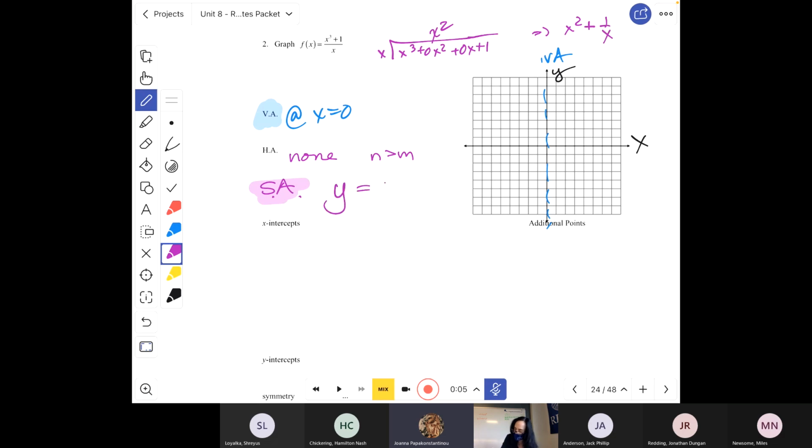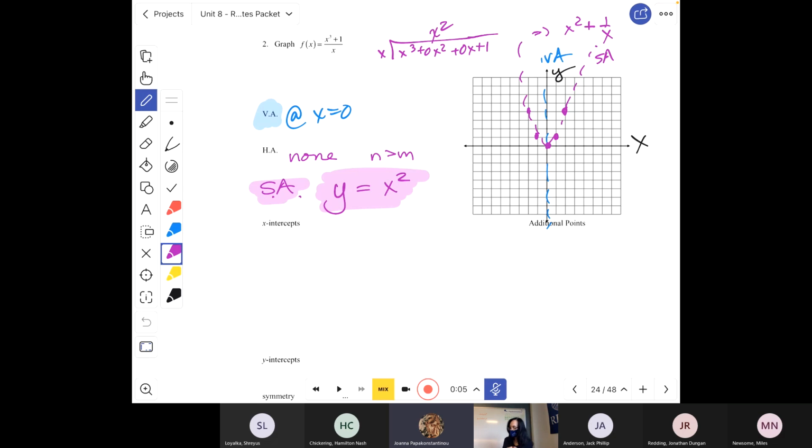But my slant asymptote that I'm concerned with is right here. What is that? It's a parabola. So can we graph that? That is awesome. So we're hugging. We're going to hug it.